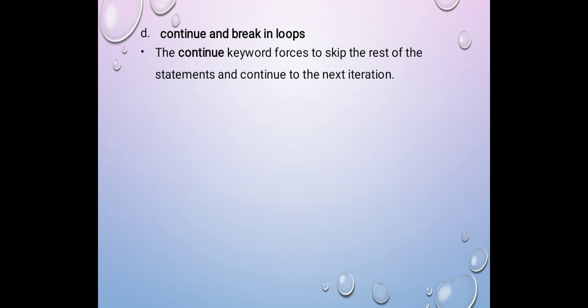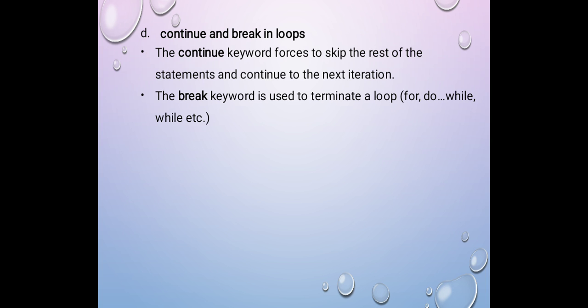The continue keyword forces us to skip the rest of the statements and continue to the next iteration. And the break keyword is used to terminate a loop. Loop means for, do while, etc.